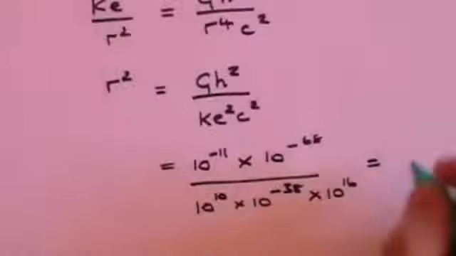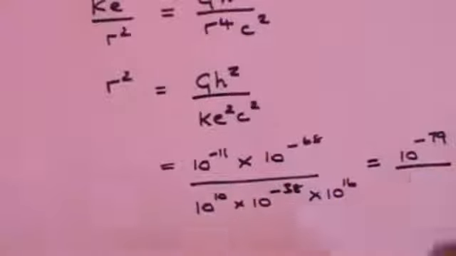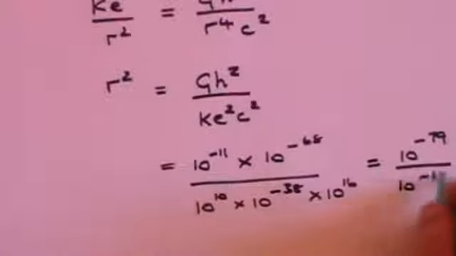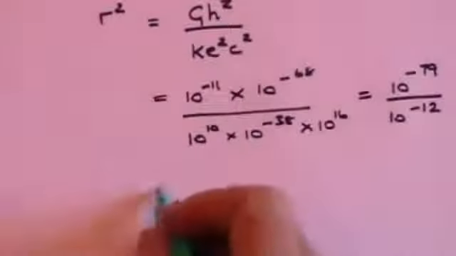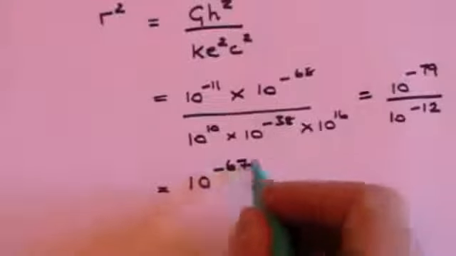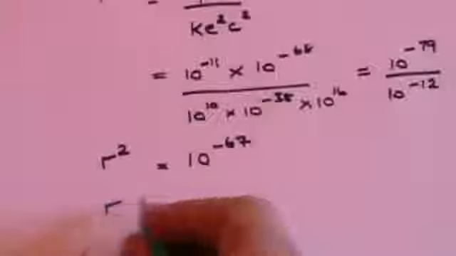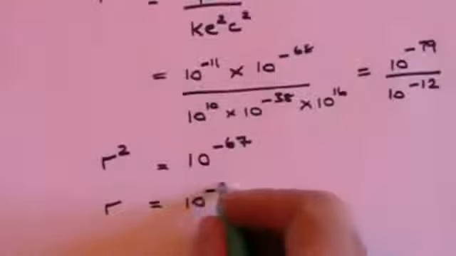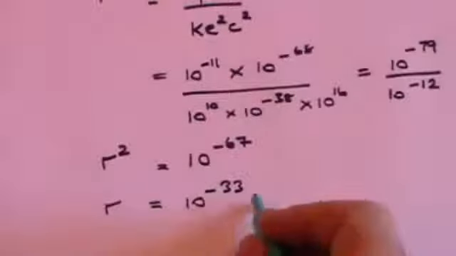You can do this more precisely if you want. So on the top, we've got 10 to the minus 79, and on the bottom, we've got 10 to the minus 12. That of course is going to become 10 to the minus 67, and that is r squared, which means that r is, to all intents and purposes, 10 to the minus 33 meters.